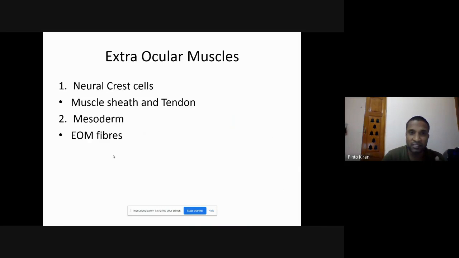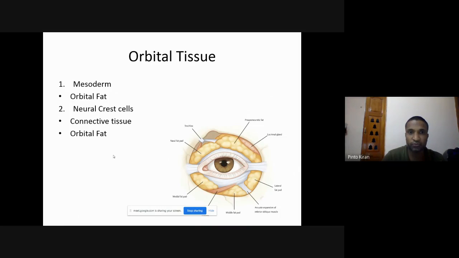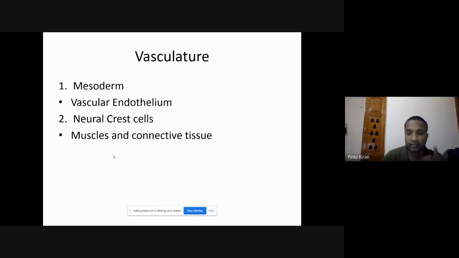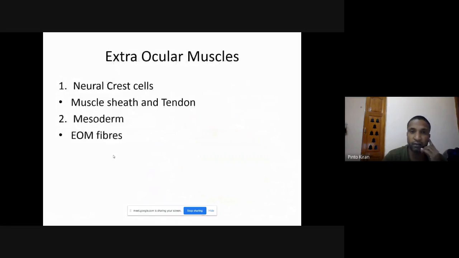Okay. Next, the extraocular muscles, orbital tissue, the fat, and the blood vessels of the orbit have a similar development. Here the extraocular muscles arise from the neural crest cells. The muscle sheath and the tendon arise from the neural crest cells, and the muscle fibers arise from the mesoderm.